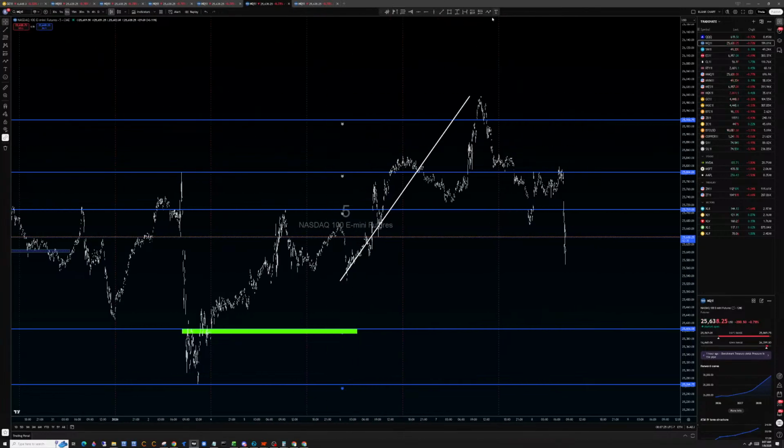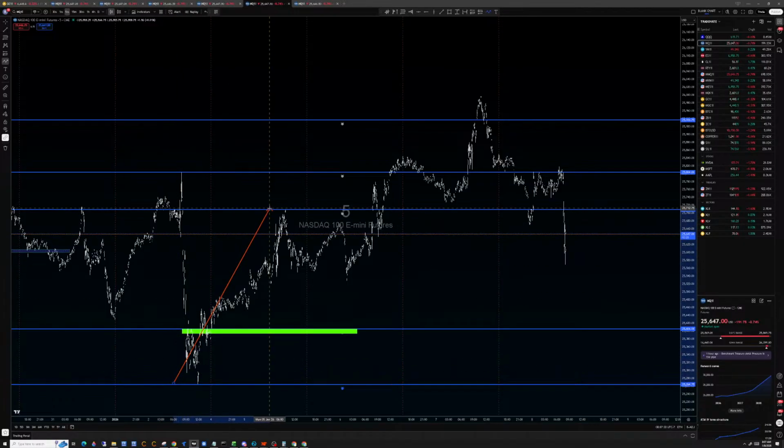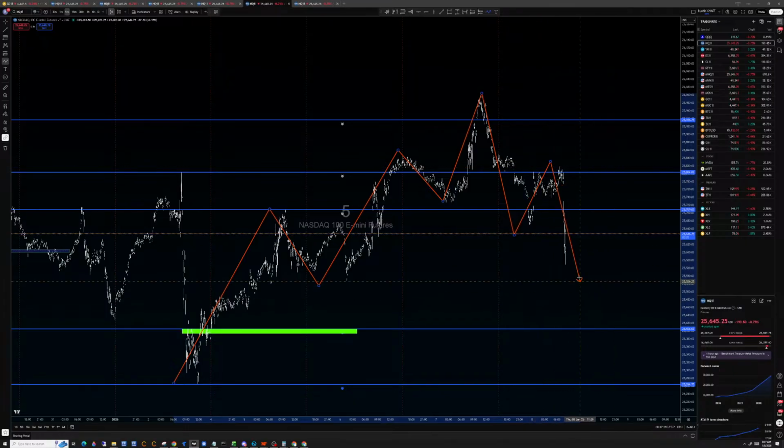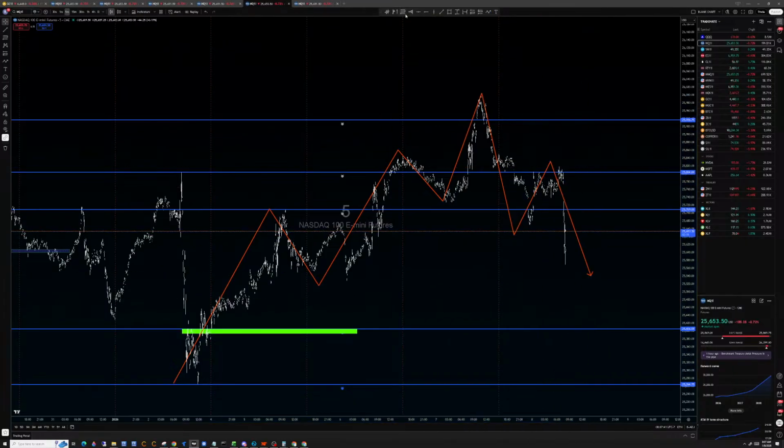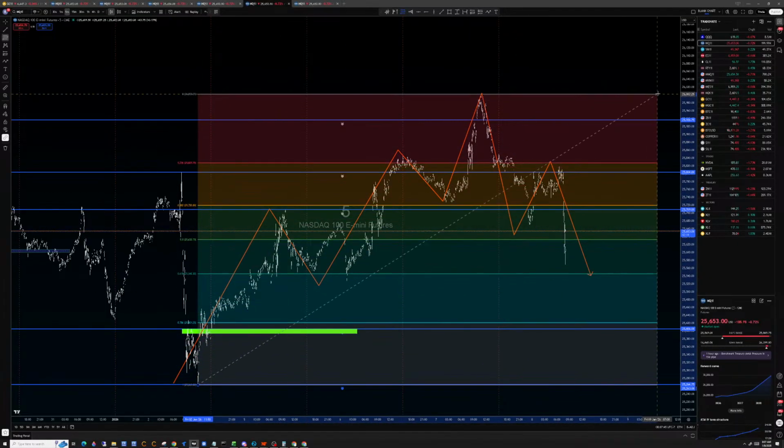Looks like one big Elliott wave. I can't believe I'm gonna draw this, but you can kind of see the 1, 2, 3, 4, 5, and then you've got the A, B, C, right? And then you measure that up, boom, boom, boom.